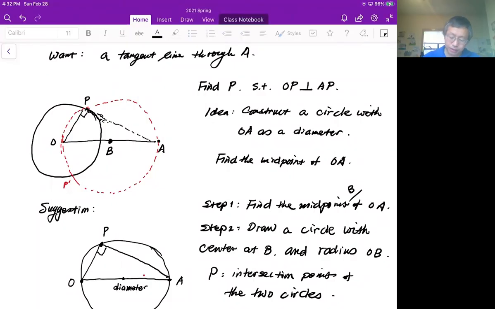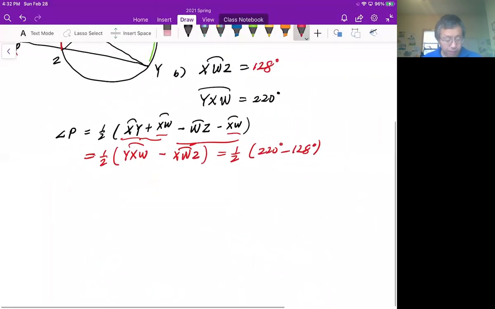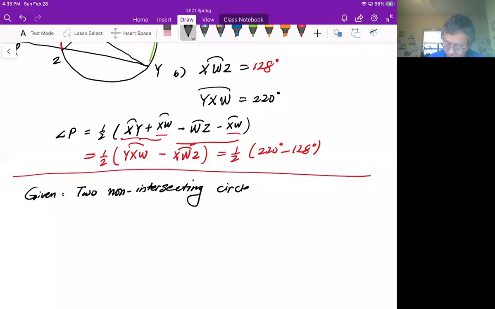Now I'm going to ask you a different question, but related. So here is the problem. Suppose I give you two non-intersecting circles with different radii.